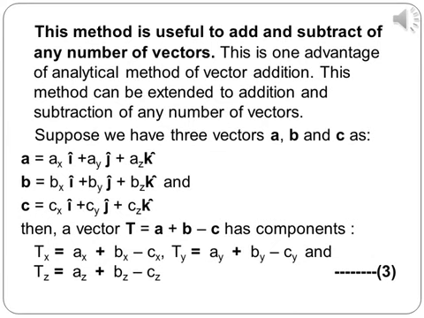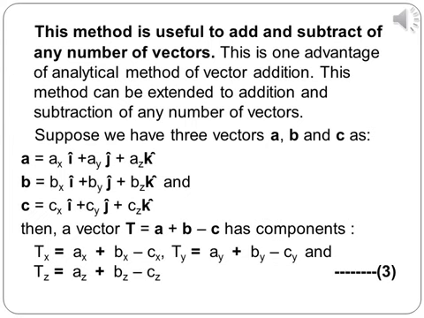One advantage of the analytical method of vector addition is that it is useful to add and subtract any number of vectors. That is, this method can be extended to addition and subtraction of any number of vectors.